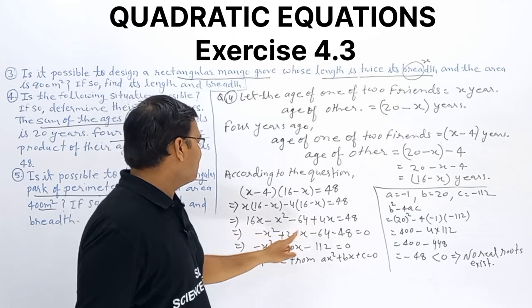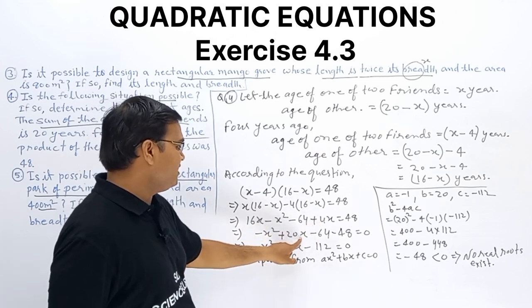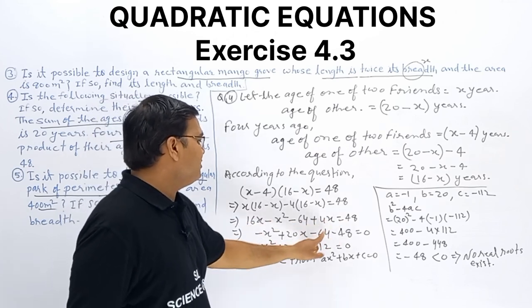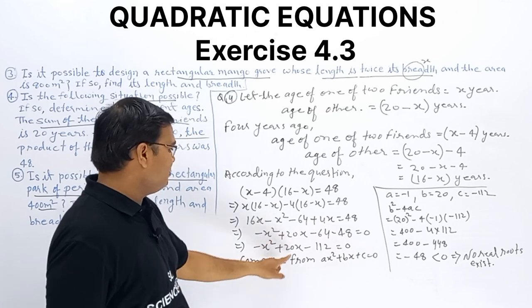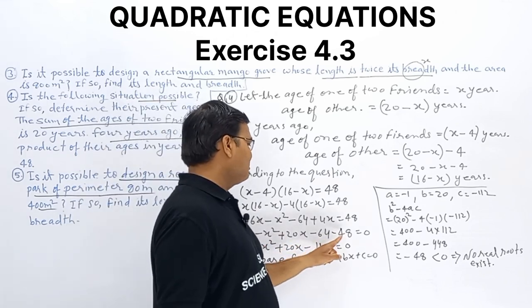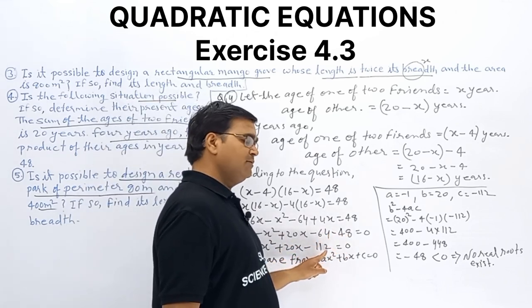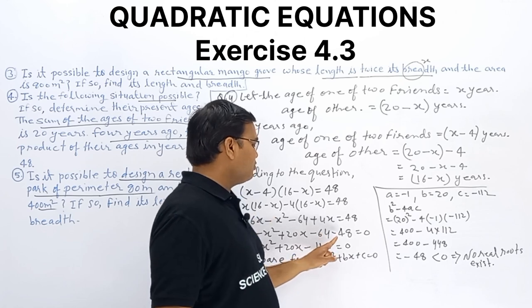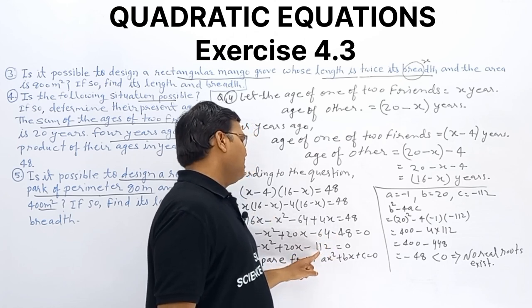Now this and this both are positive. 16 plus 4 is 20, minus 64, this will be negative. Now this both will be as it is. Add both. Minus 8 plus 4 is 12, 1 is remaining. 6 plus 4 is 10, 10 plus 1 is 11.